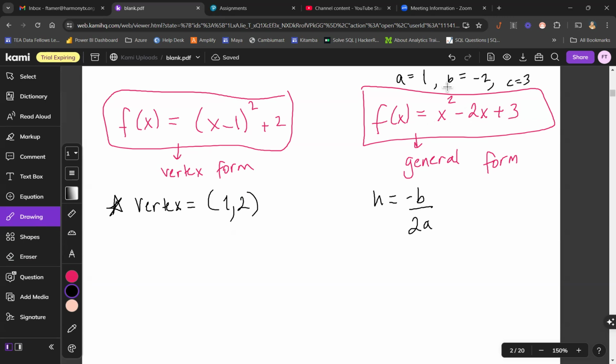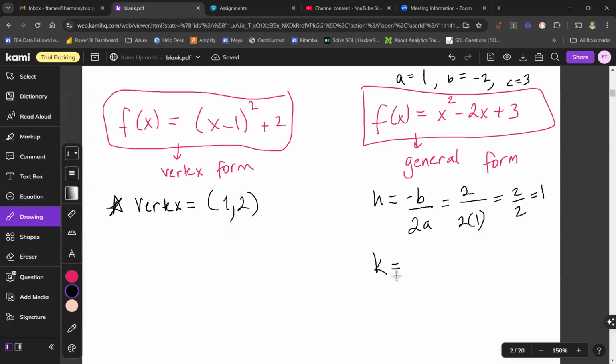So according to this formula, the a value is 1, the b value is negative 2, the c value is 3. If I put this information into my h formula, I need negative b over 2a. So I need to change the sign for b. That's a plus 2, and 2 times a. So this will give me 2 divided by 2, which is 1. So I am checking the h value is also 1 from the vertex form.